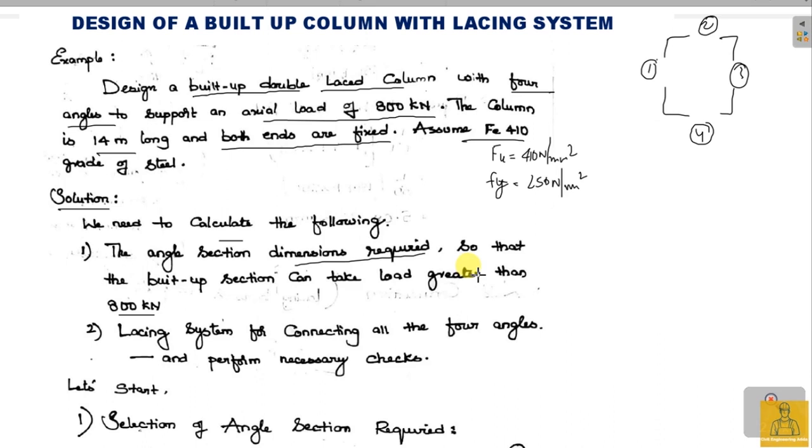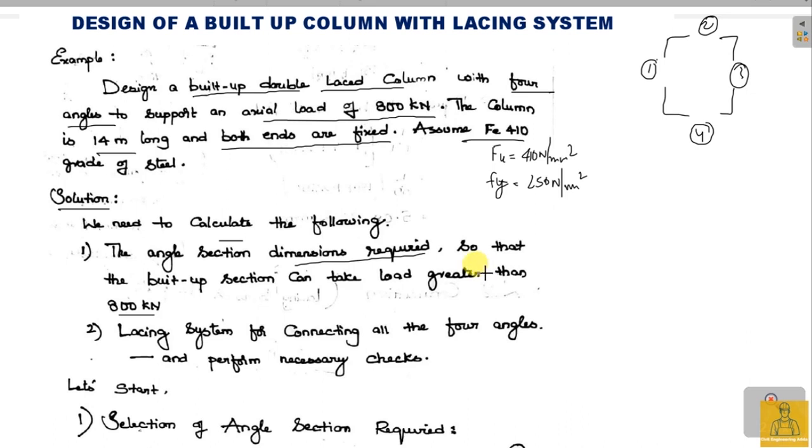Of course, we will consider only one of them. I think in the previous problem we have dealt with both welded and bolted conditions, so you can refer to that problem. The procedure will not change.